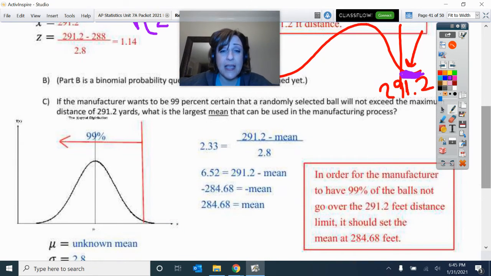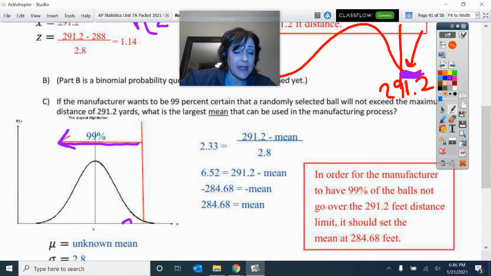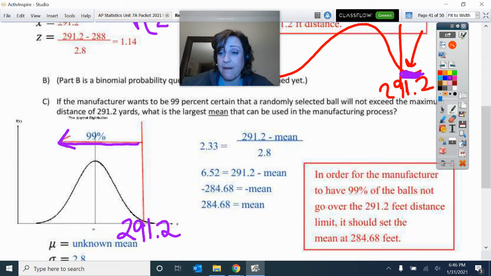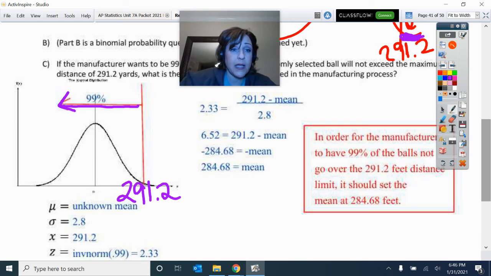So part C says, well, they want to fix this. They want to calibrate their machines so that 99% of the golf balls do not go past that limit. So 291.2 again is the X value, and we want 99% of the golf balls below that amount.